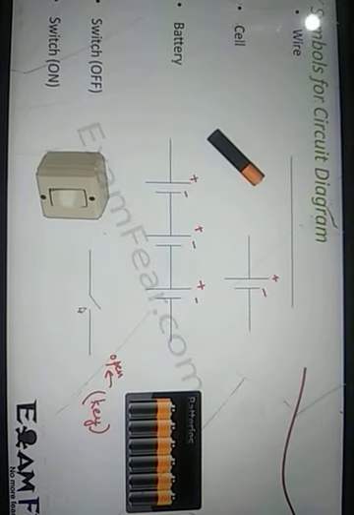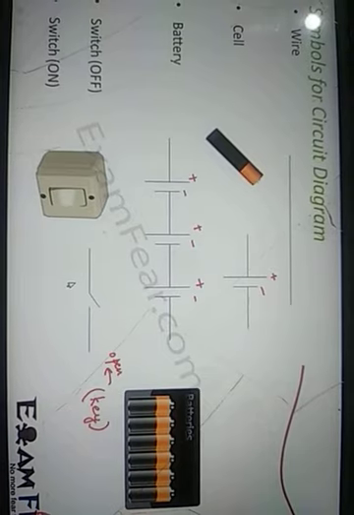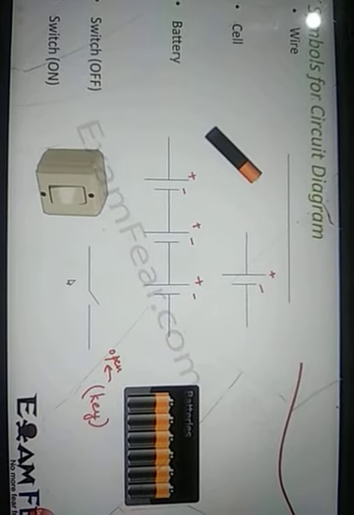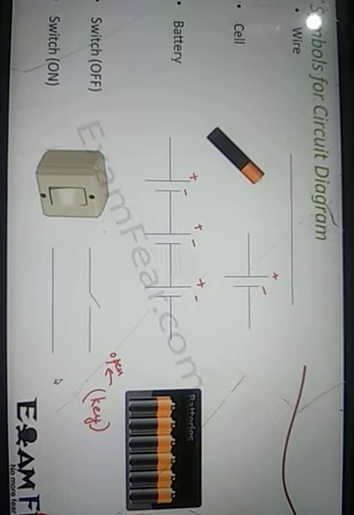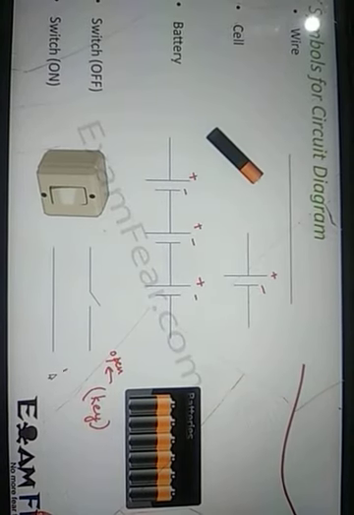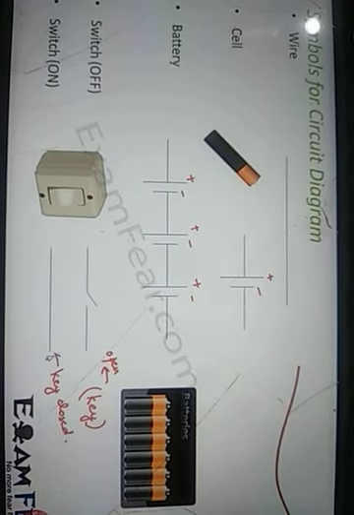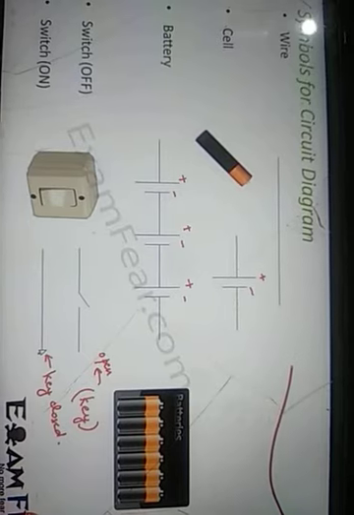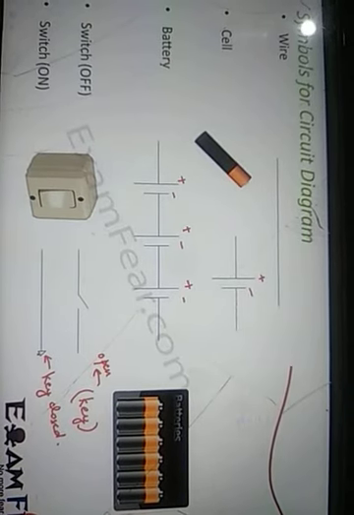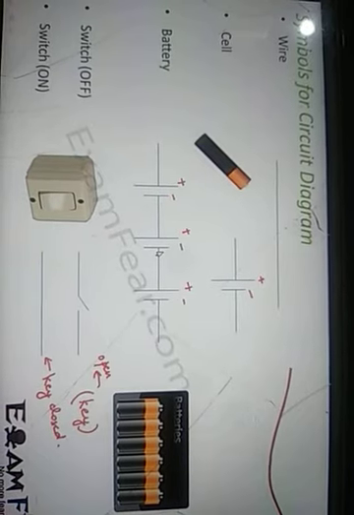As you can see, it is open here, and this circuit would be known as an open circuit because it is not complete. When the switch is on, the complete path is created, and in this case we say that the key is closed. So switch off is equivalent to an open key, switch on is equivalent to a closed key. That's how it is. So these are the basic symbols and we need to remember them.